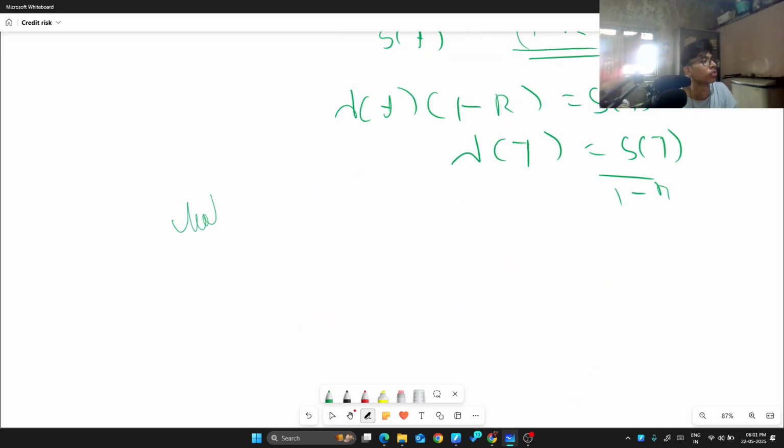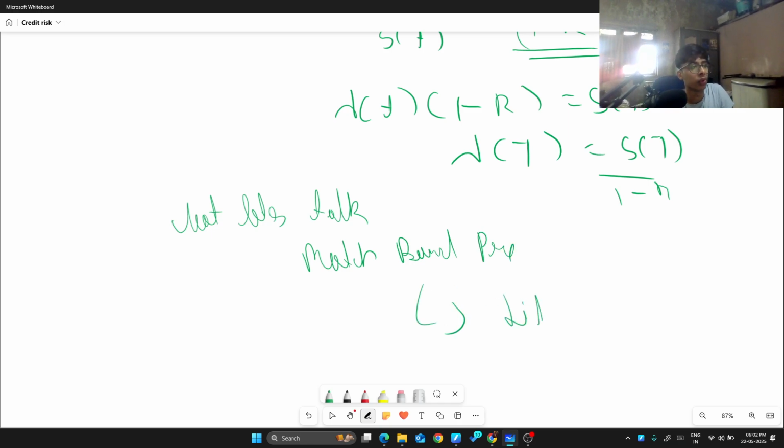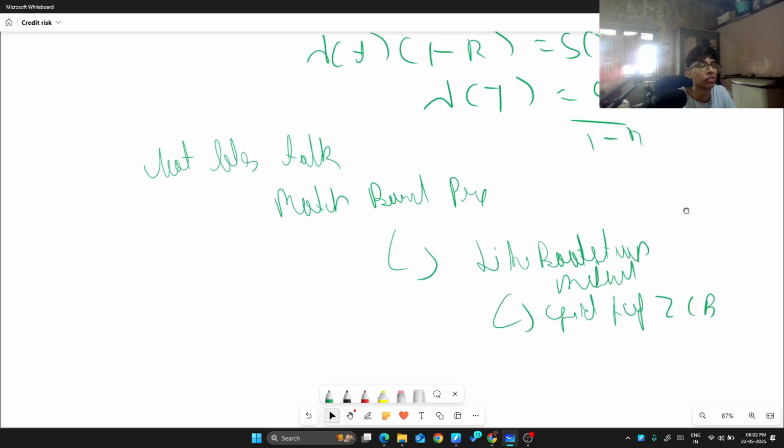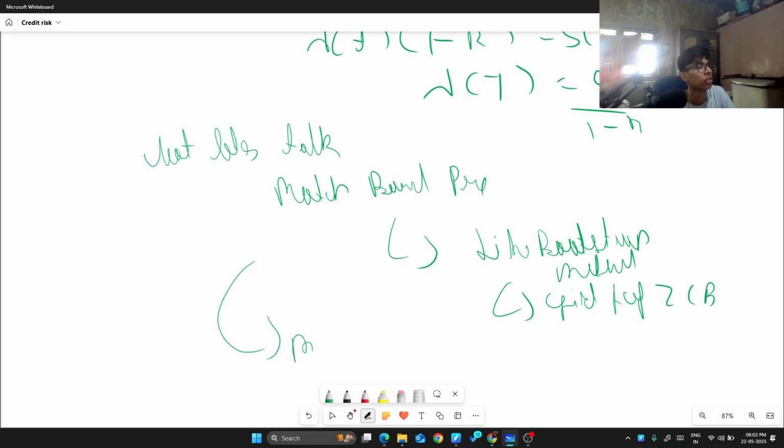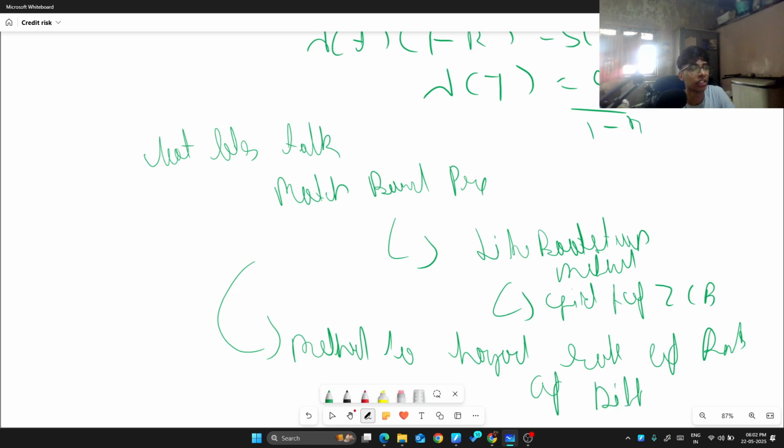Now let's talk about matching bond prices. The bootstrap method for the yield curve of zero coupon bonds, we can use this method to find the hazard rate of bonds of different maturity.